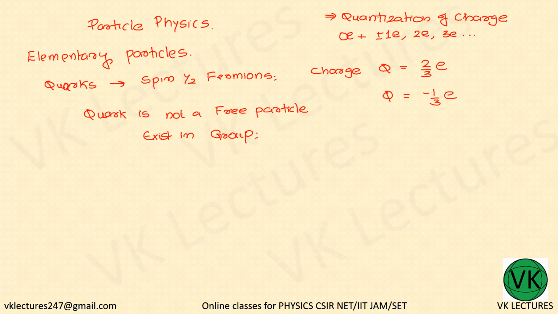For example, a quark, another quark, and another quark. So let it be 2 by 3e, again 2 by 3e, and again let it be minus 1 by 3e. Now together you have minus 1e. So this is how it exists.